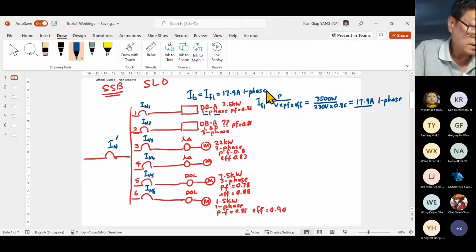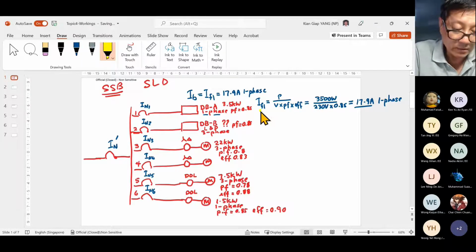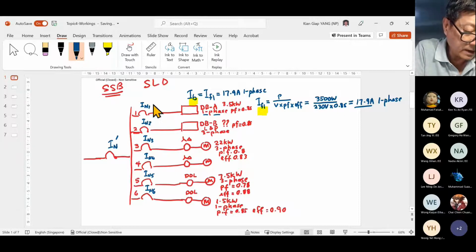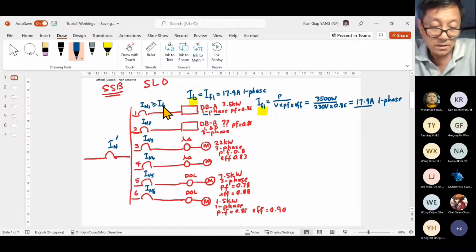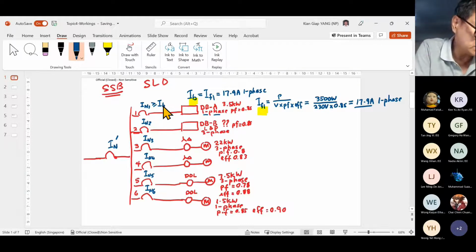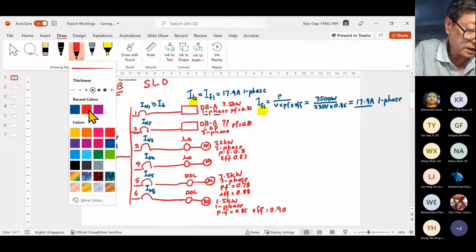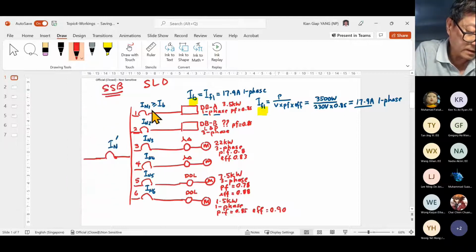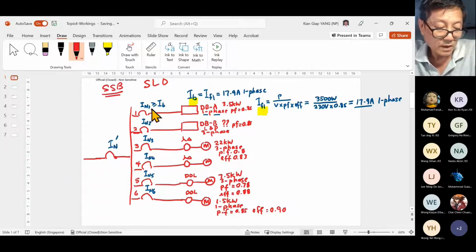So you notice, this is my step 1, this is my step 2. Now I find IN1. IN1 must be greater than or equal to IB. If my IB is the same as my I full load and is 17.9 ampere, what should be the value I choose for the circuit breaker rating IN1?